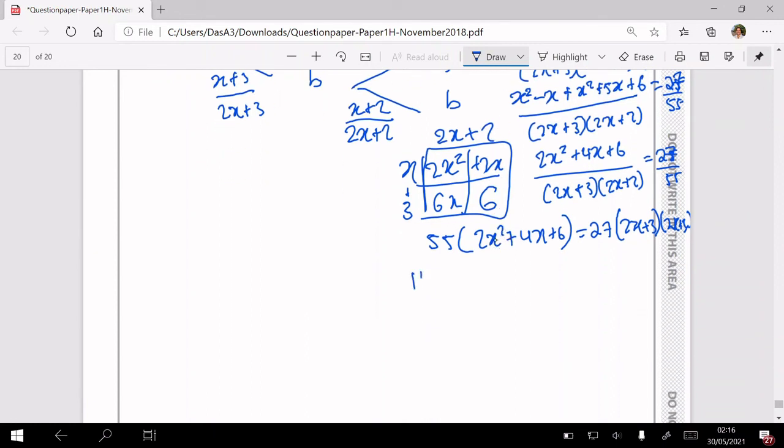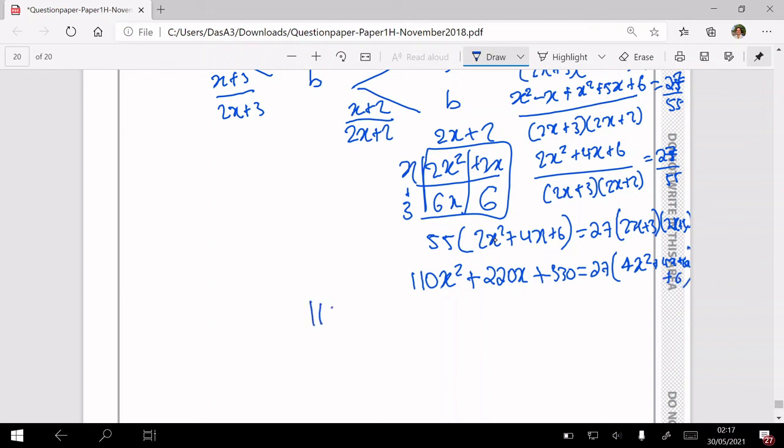So this would be 110x squared plus 220x plus 55 times 6, which is 330, is equal to 27 bracket 4x squared plus 4x plus 6x plus 6.